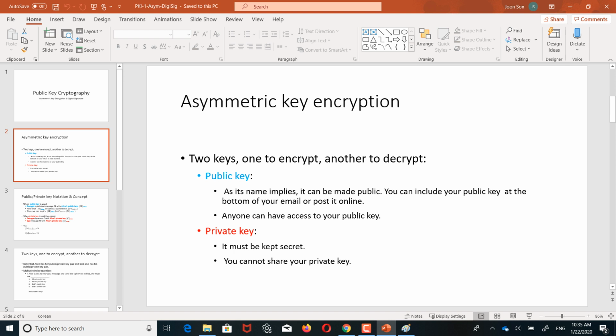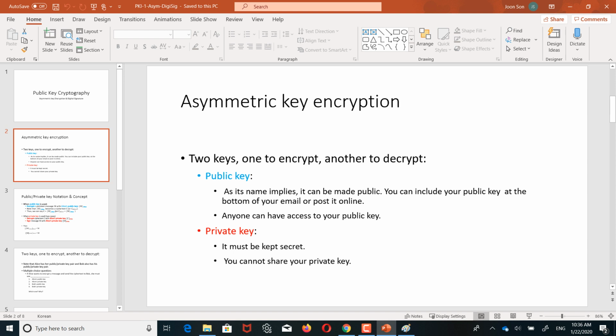So you can include your public key at the bottom of your email, or post it online, or put it on your business card. Basically, anyone can have access to your public key. And that's why it's called a public key.